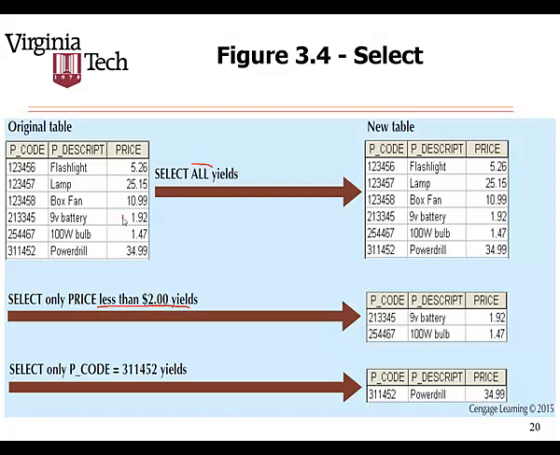What should we get? We should get 2. We should get 9-volt battery and a 100-watt bulb, and that's what we get. We have selected, based on this condition, price less than $2, and then we use that rule, that conditional, to pick out the ones based on the price column.